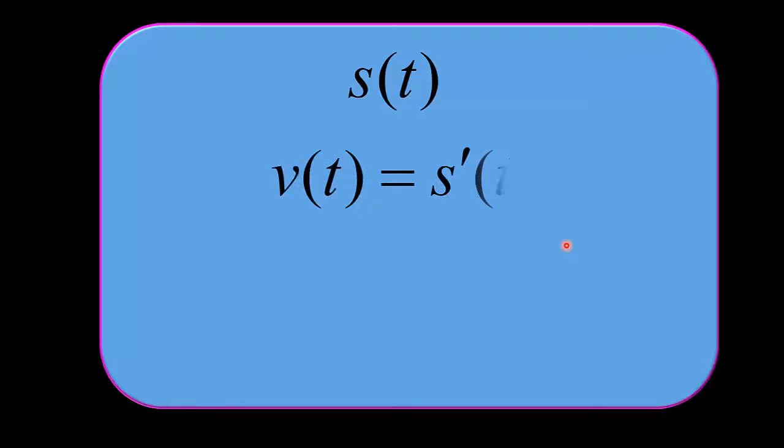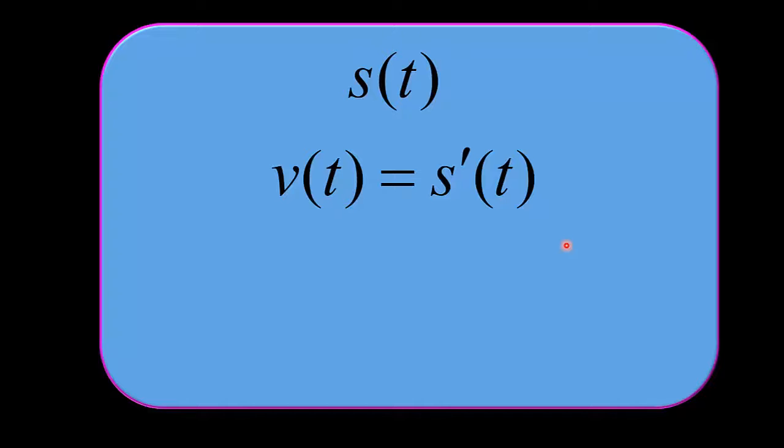Now, first of all, some preliminary things we need to think about. We're going to call S of t the height, the distance of the object above the ground. If we want to measure the rate of change of height, that's going to be the velocity. In other words, the derivative of the position is the velocity.